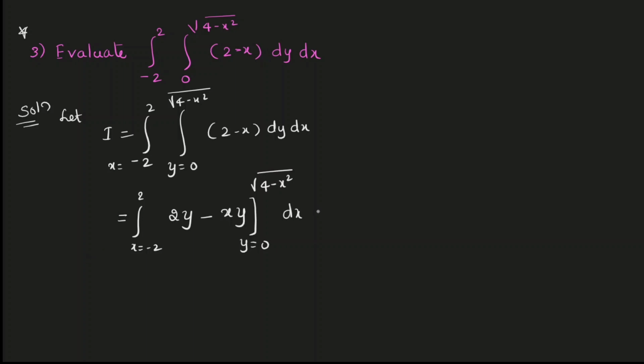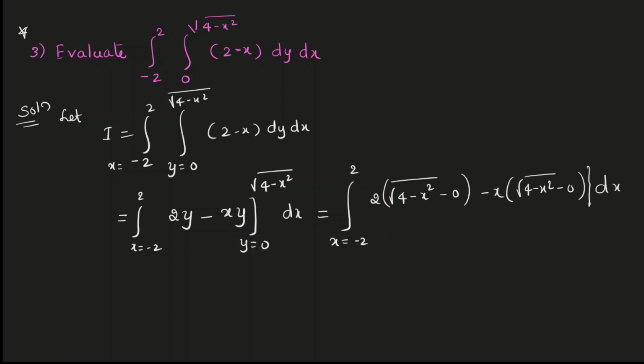Now substitute the upper and lower limits. So x varies from minus 2 to plus 2. When you substitute upper and lower limits, 2 into root 4 minus x square, lower limit 0, minus x into root 4 minus x square minus 0, into dx.